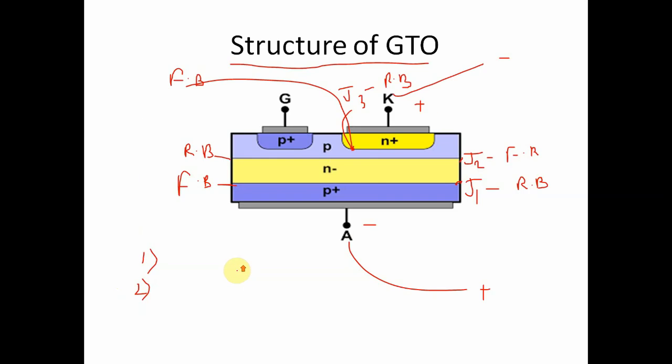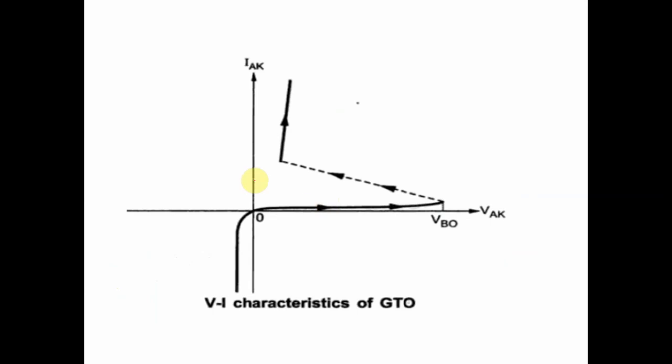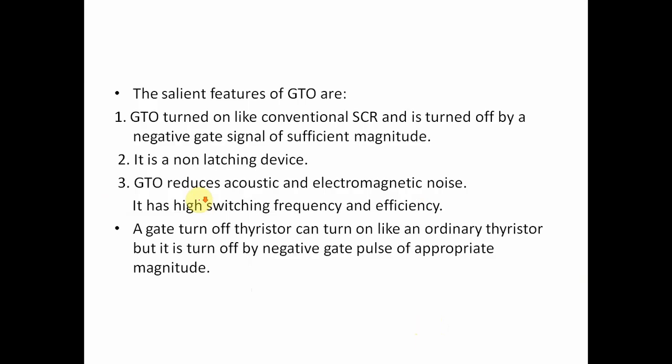Anode short structure means the anode terminal is negative with respect to the cathode. This is the graphical representation of VI characteristics of SCR.